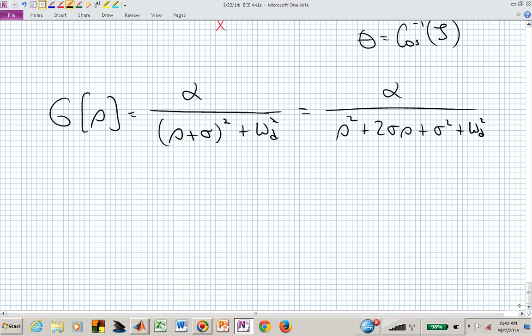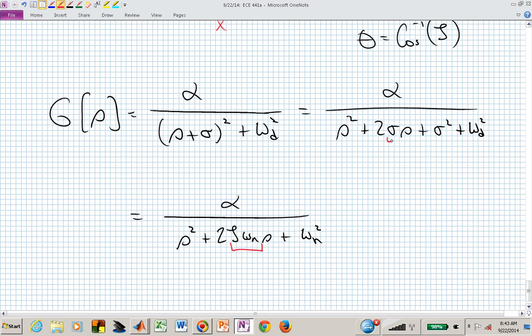And some other textbook might write this second order transfer function as alpha over s squared plus 2 zeta omega sub n s plus omega sub n squared. And hopefully now you can see how those pieces are related.